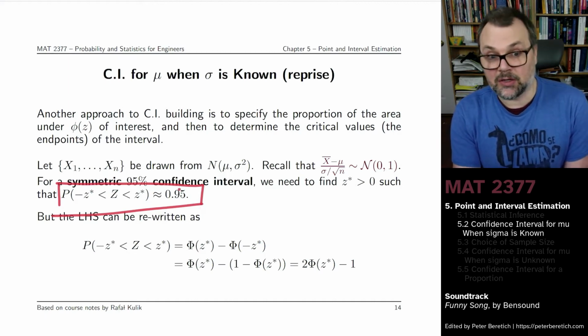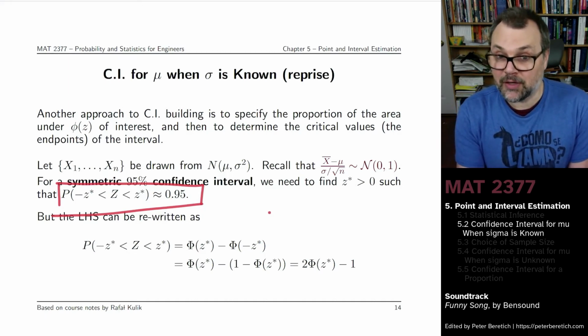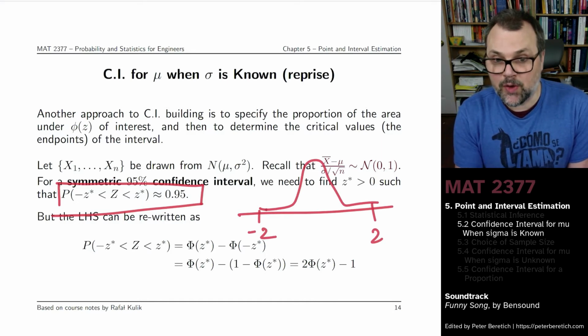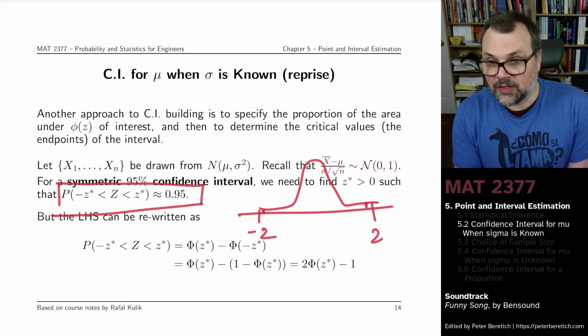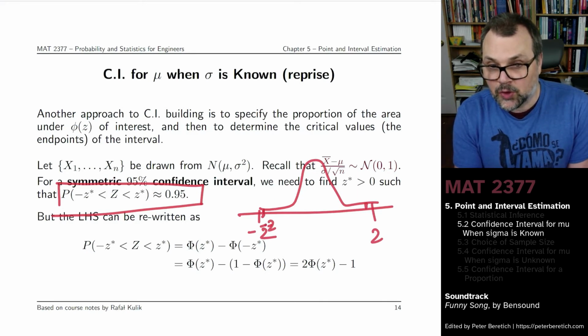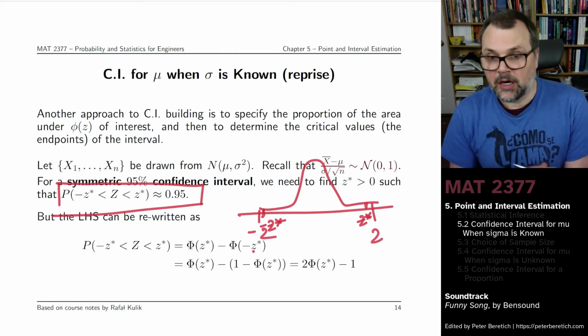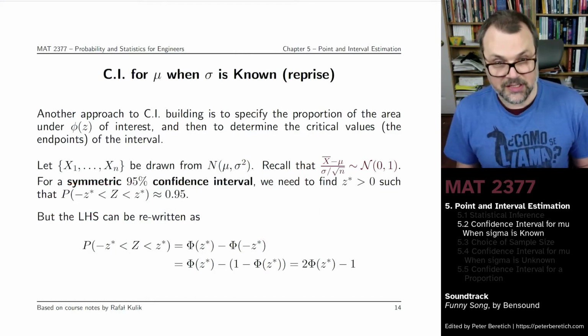That's pretty darn close to 95. A little bit bigger than 95%, so we would expect that in order to get exactly 95, we would have to find some value here, which would be a little bit smaller than 2 and a little bit larger than -2. Let's see if we can find it.